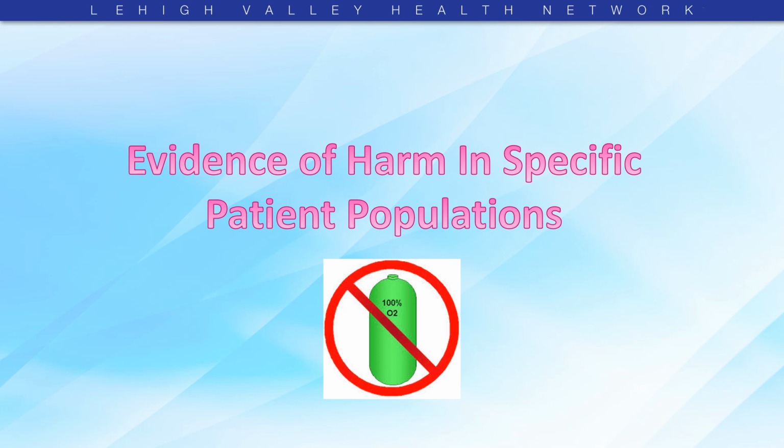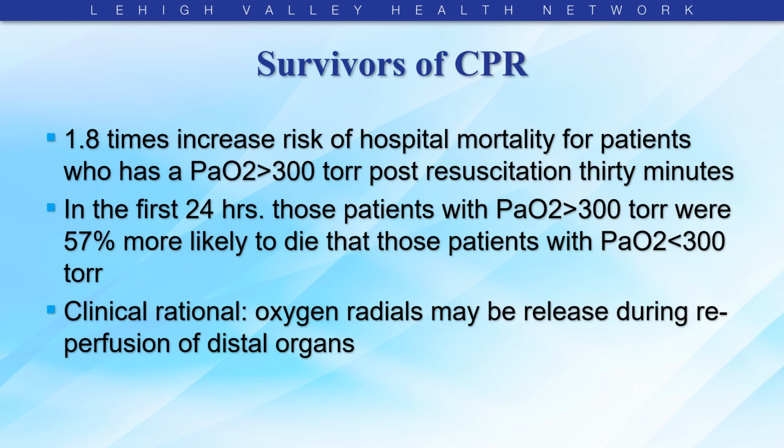Now, when we start talking about evidence, I think it's very important to look at the way we administer oxygen in specific patient populations. So this is very interesting. Individuals that do respond and are survivors of cardiac resuscitation have a 1.8 increased mortality if their PO2 is above 300 post-resuscitation.